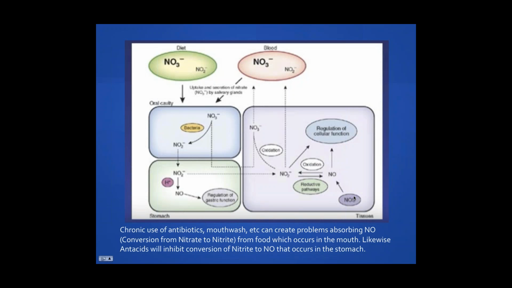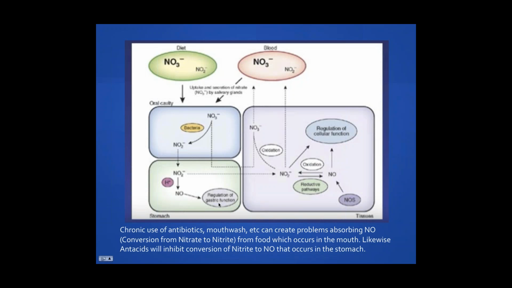Interesting thing. So if we take a look at how we get nitric oxide into the body, it's just kind of fascinating. I learned this just through studying. But we have the nitrate molecule that's converted into the nitrite molecule in the mouth. It's in the oral cavity, and that's done by the action of bacteria here. And then in the stomach, that nitrite molecule is converted to nitric oxide in the presence of stomach acid.